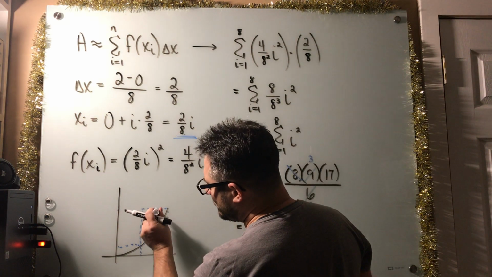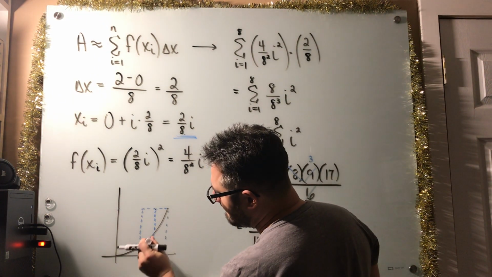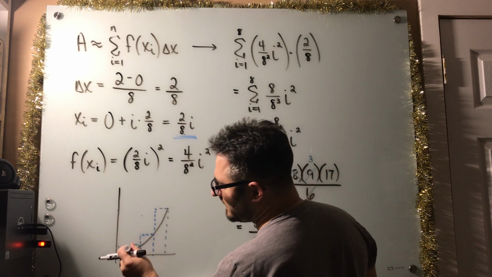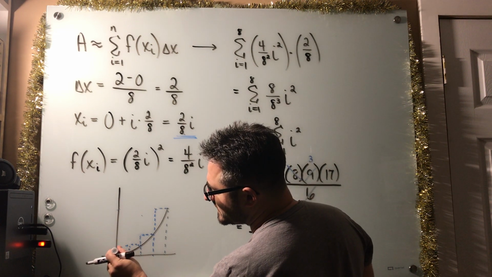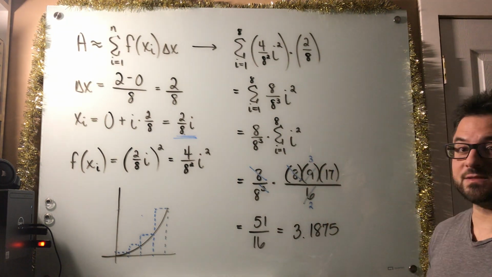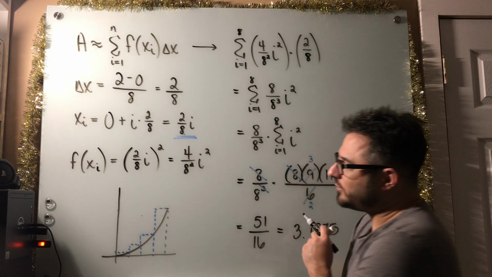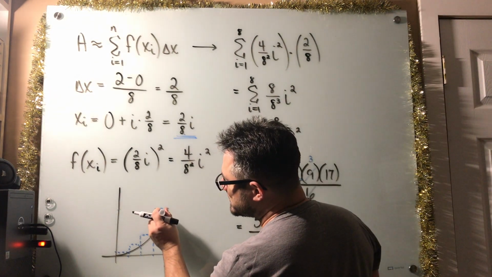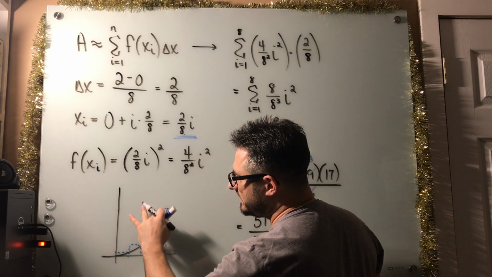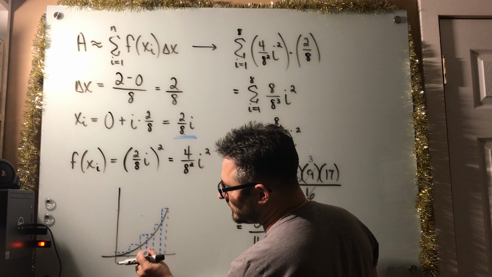And we said, well, okay, why not do that again? Again, increase the number of rectangles, and we still overestimate, but not as badly as before. Well, now we're at the point where we're using 8 rectangles, so again, still overestimating, but not as badly as we were before.